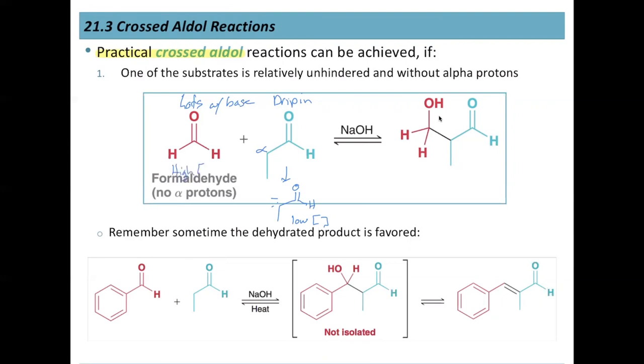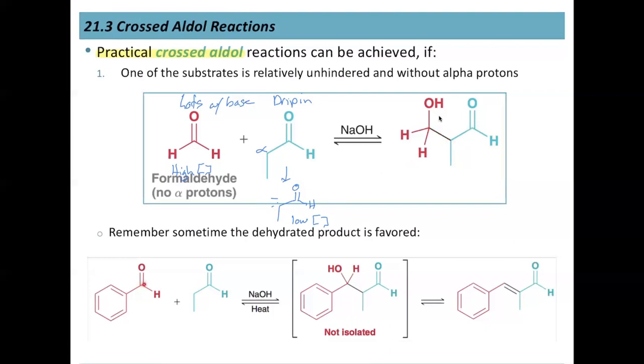And so what ends up happening is we generate a small amount of this enolate, and it's most likely to react with the formaldehyde. In this case, the formaldehyde also is the most reactive carbonyl species there. And so we can control it by controlling the order of addition, and we can get our beta hydroxy carbonyl here. So here's another example down here.